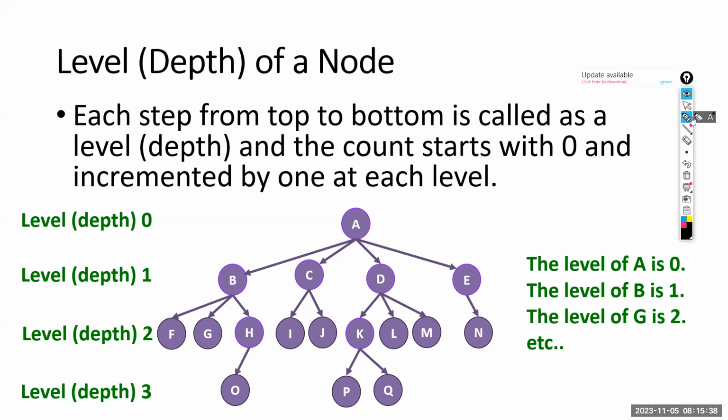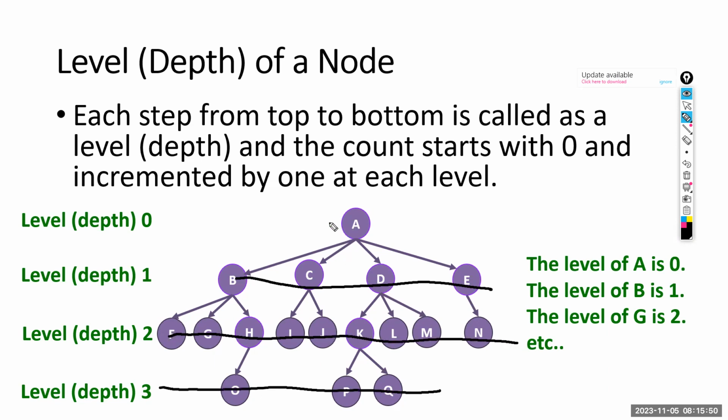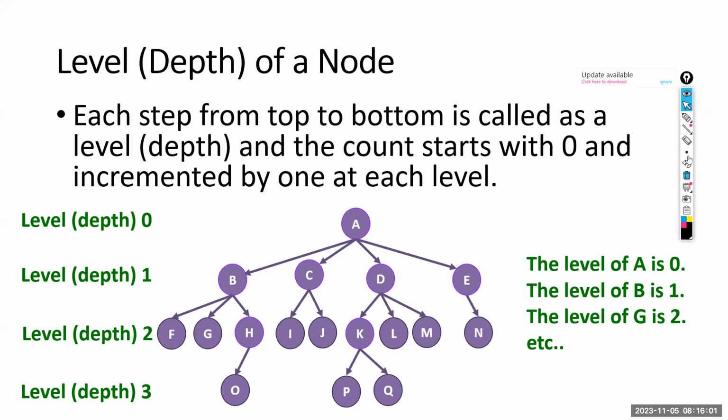Then the next level comes, that is the children of the root. Then their children are in level 2 and so on. So the depths always start with 0, 1, 2, 3, etc. So that is called the depth of a node.